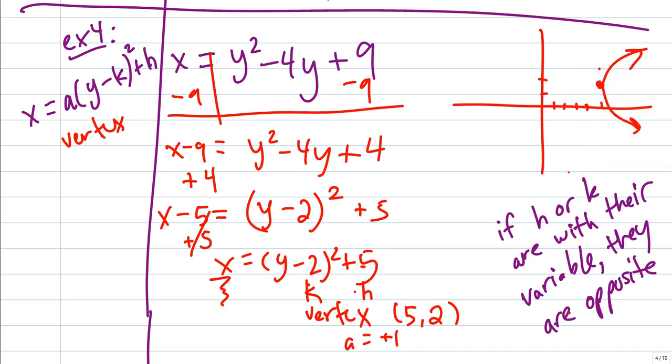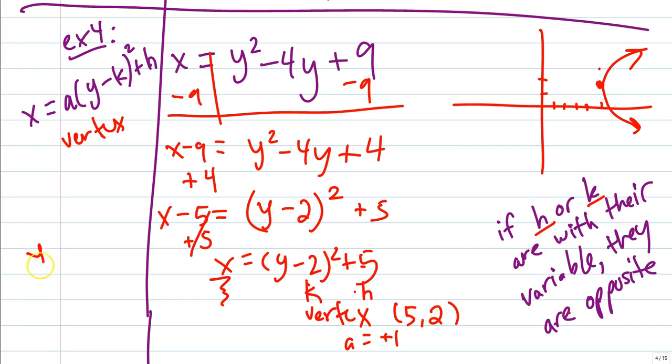Anyway, but when we look at this, in the past I've said, the h is opposite, the h is opposite, the h is opposite. That seems weird. This time the k is opposite, right? And so, one way of thinking about it, how do I know whether the horizontal or vertical shift is going to be opposite? Well, if the h or k are with their variable, meaning what? The k this time was with the y, it's opposite.